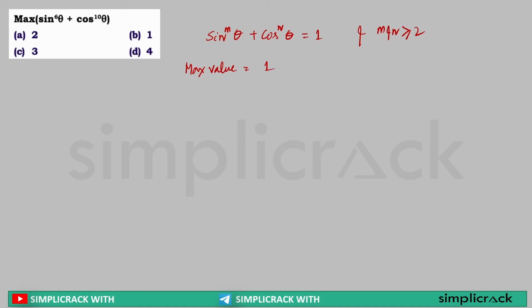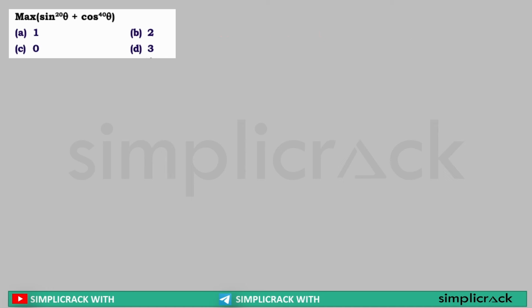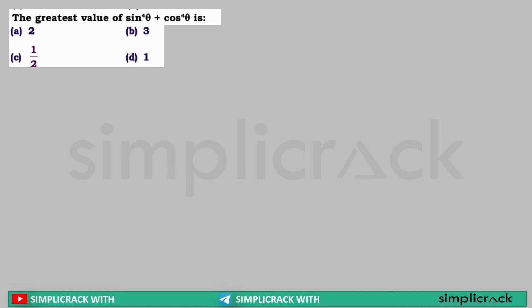Simple as it is. So sin theta plus cos theta, maximum value 1. Sin to the power 20 theta plus cos to the power 40 theta, maximum value 1. There is nothing new over here. Sin to the power 4 theta, cos to the power 4 theta, nothing to worry. Whatever the value, it will always be 1, because we know the maximum value will be 1.